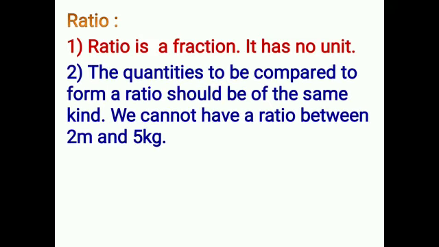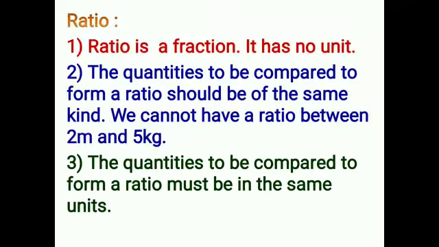The second one is that the quantities to be compared to form a ratio should be of the same kind. We cannot have a ratio between 2 meter and 5 kg. That is the example. The unit of this 2 is meter and the unit of this 5 is kilogram, so we cannot find the ratio between different units.